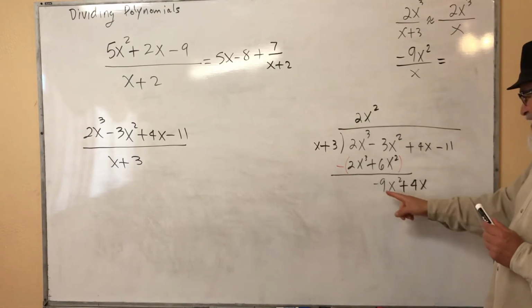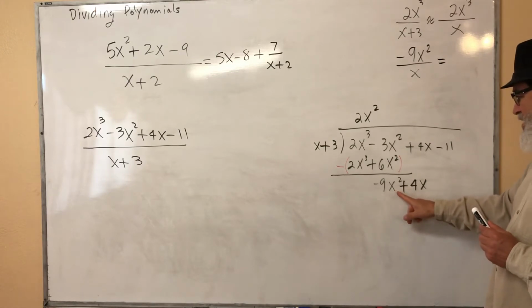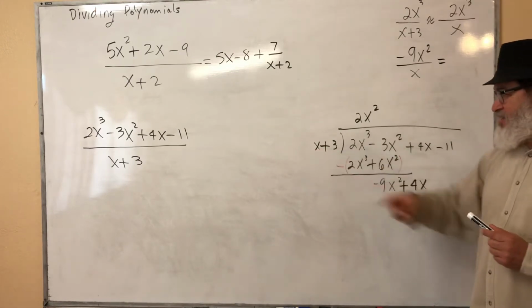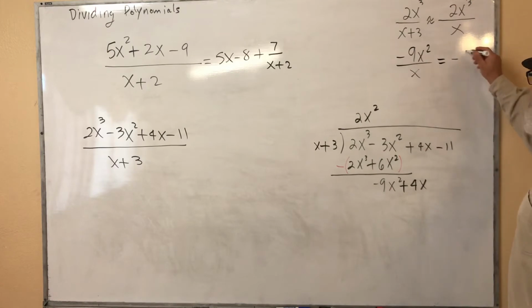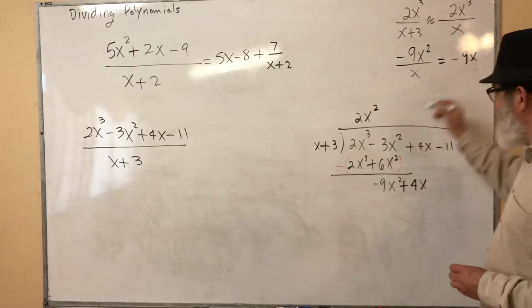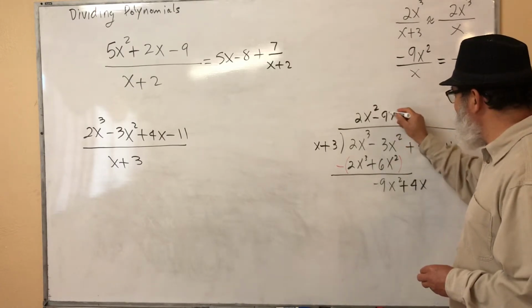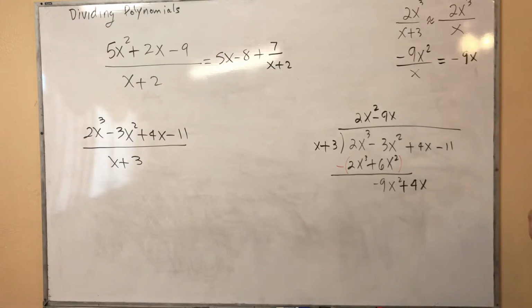And what's negative 9x squared divided by this x? Negative 9x. So this is negative 9x. So that's your approximation.